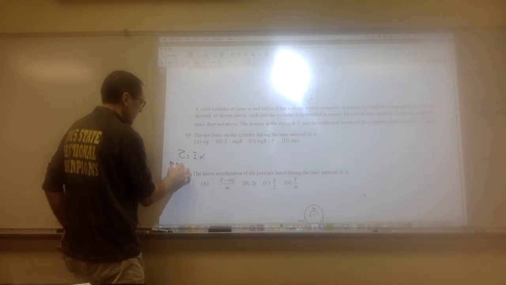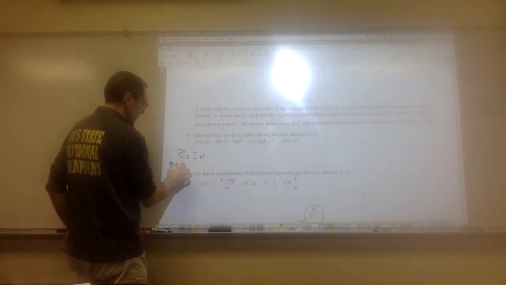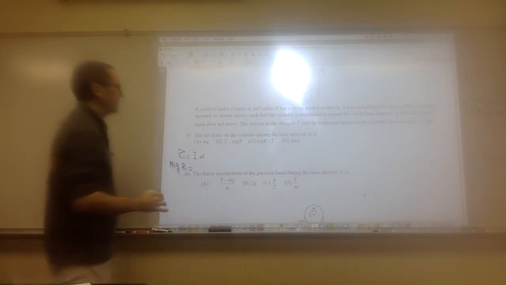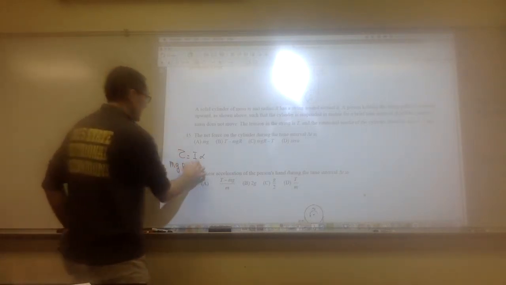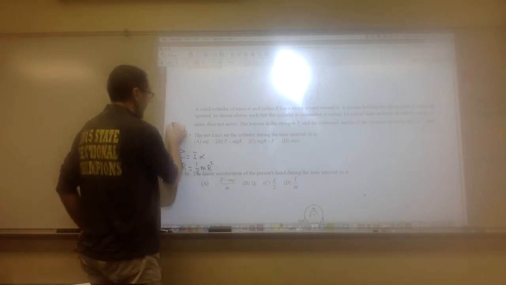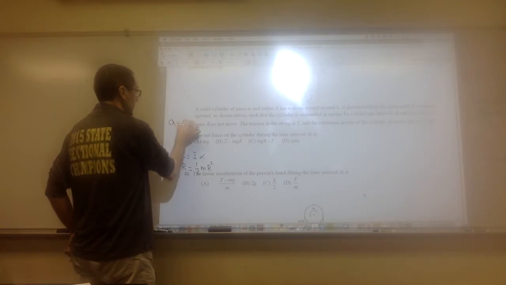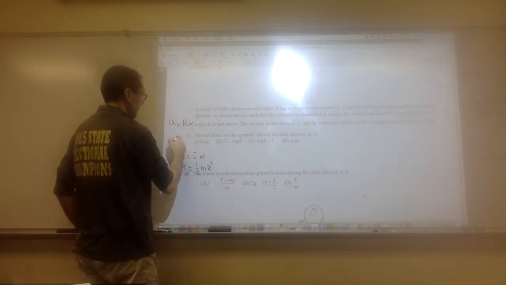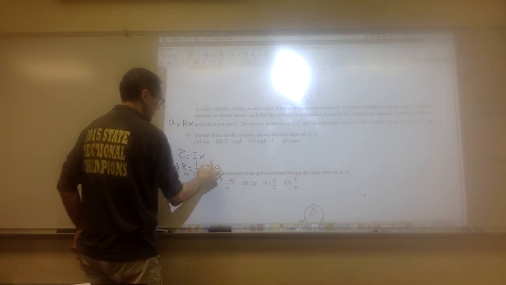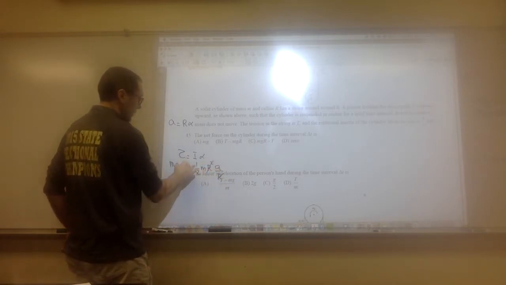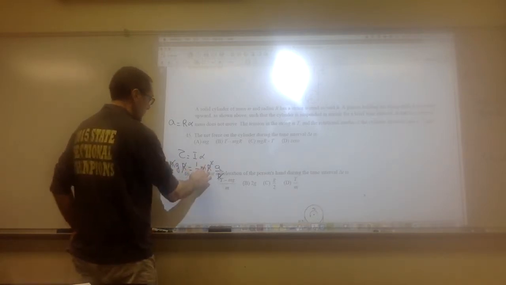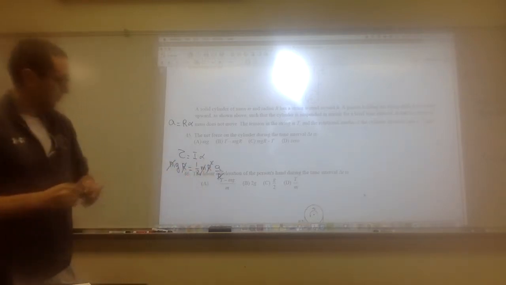So it's mg times the radius of that hoop, okay, equals, it's a cylinder, 1/2 m r square, and A is r alpha, so alpha is A over r. So I think all the r's are gone, so you're left with one r here and one r here, and this m is gone, so A is equal to 2g.